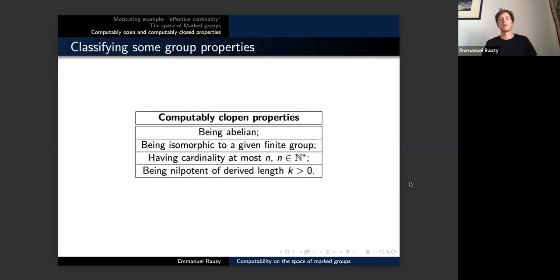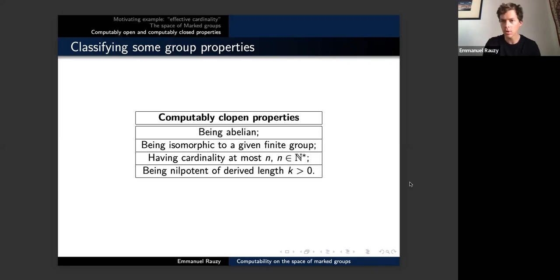So I'll give you now a few examples of open and closed properties, and which are computably open and computably closed, starting with clopen properties, like being abelian, being isomorphic to a given finite group, having cardinality at most n, or being nilpotent of derived length k.